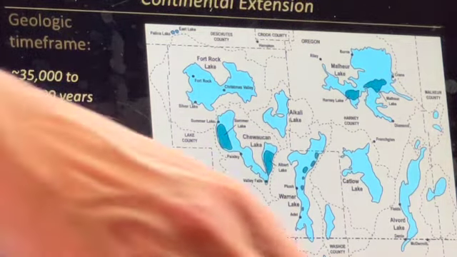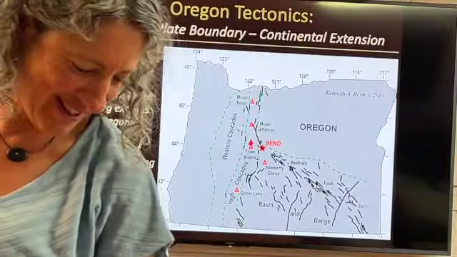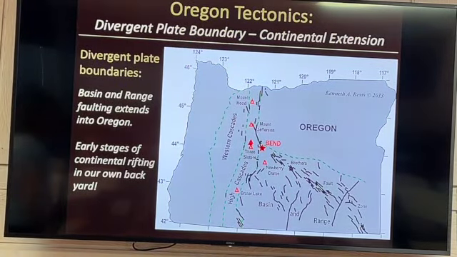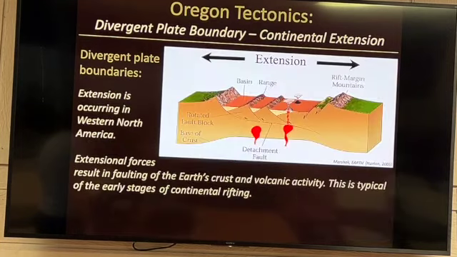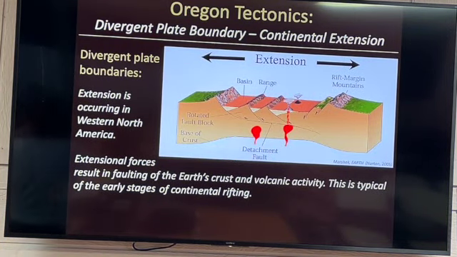Okay, let's try this. Okay, so I've gone back a few slides from where we were. We were talking about pulling apart of a continent, and this is the type of faulting that occurs in that setting.